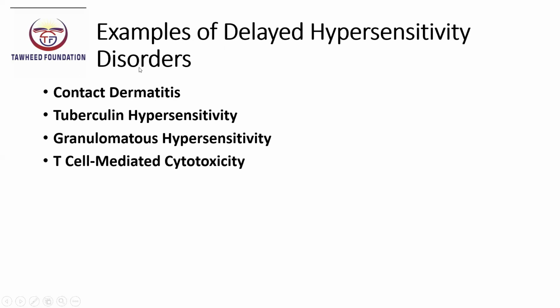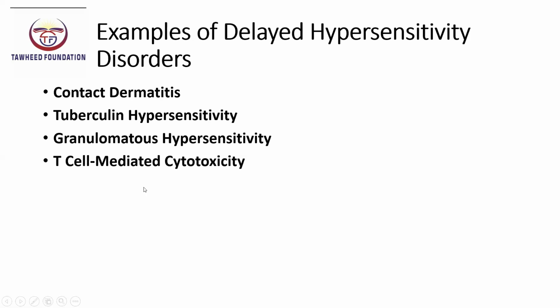Next is examples of delayed hypersensitivity disorders. Type 4 hypersensitivity manifests in several clinical conditions. The most common examples include contact dermatitis, skin reactions to chemicals or metals. Second is tuberculin hypersensitivity, the basis of the PPD test. Next is granulomatous hypersensitivity, chronic reactions to persistent intracellular pathogens like Mycobacterium tuberculosis.